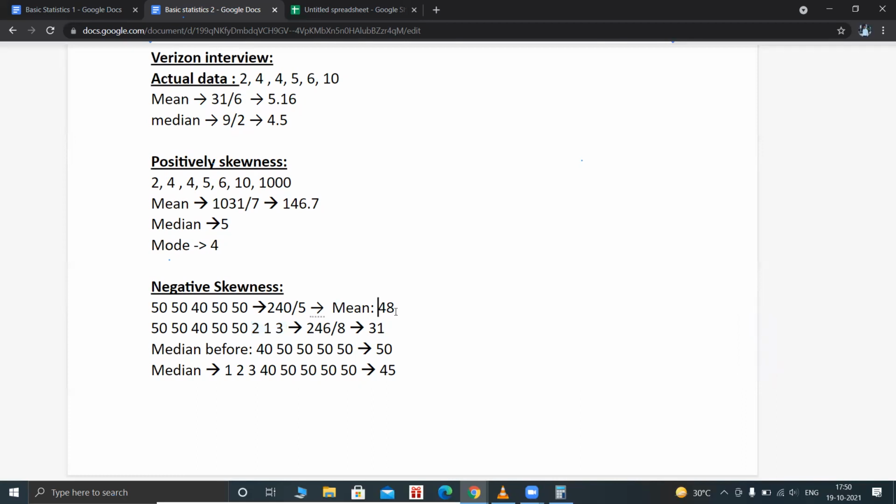See, 48 and 31, so there is around a 17 difference from the actual mean when you have lower values as outliers. That means lesser values of outliers, right? Is this concept of negative skewness and positive skewness clear, everyone?